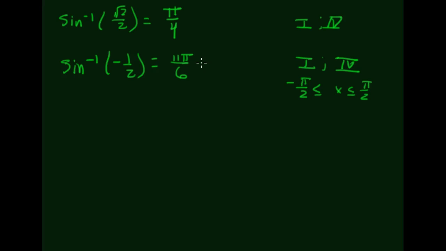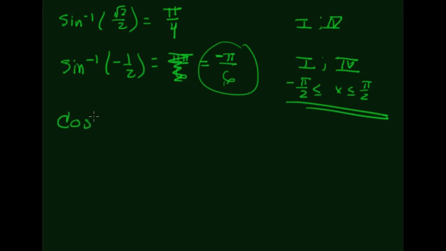So I have to look for a value that's on that range, and that would require me to go clockwise to negative pi over 6, which is actually the sine inverse of negative 1/2, because that's where sine is equal to negative 1/2 on this domain.